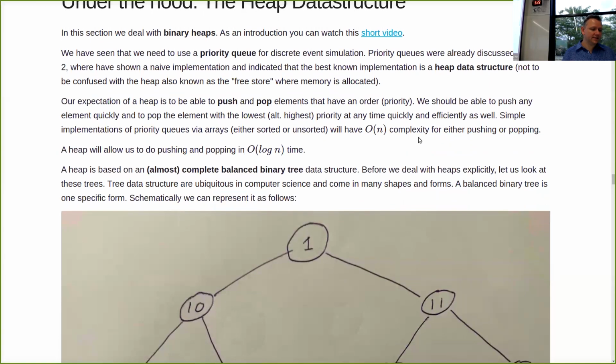And so the heap is a relatively simple data structure, and you can do both the pushing and the popping in order log n. So just to give you an idea, if the queue has 1,000 things in it, and we're looking at log base 2, log 2 of 1,000 is around 10, log 2 of a million is around 20, log 2 of a billion is about 30. So the log function grows much slower.